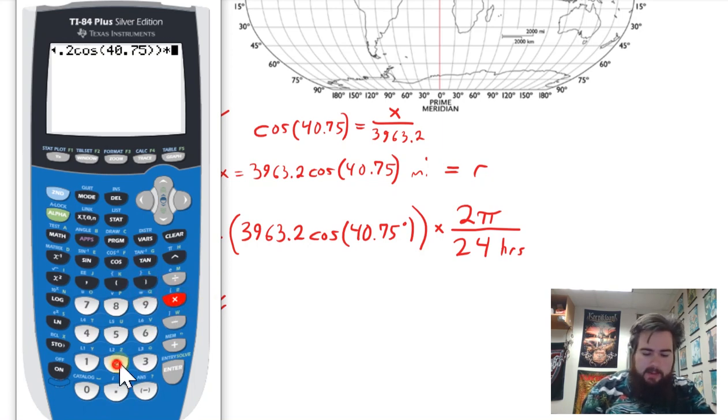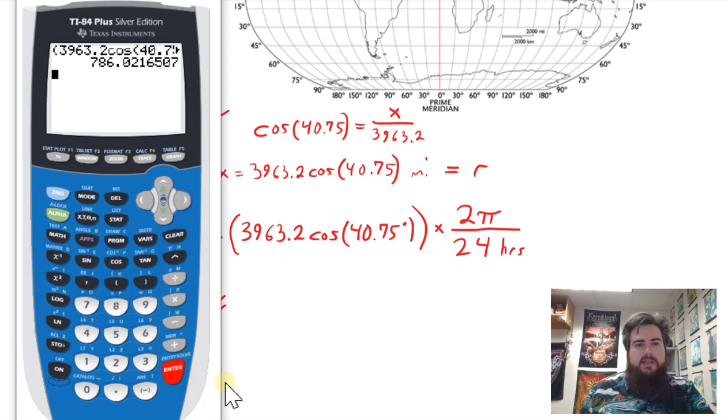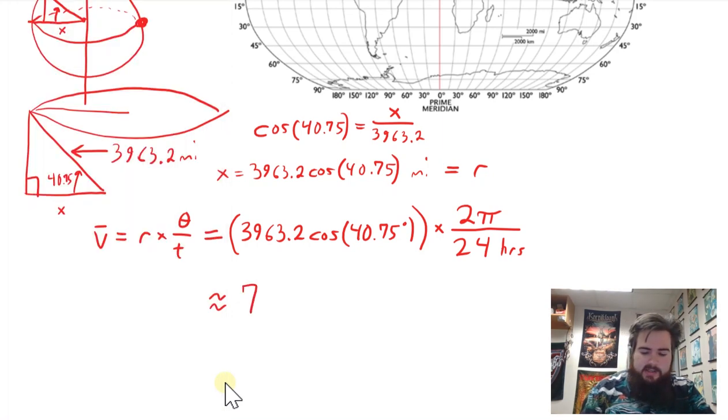I will multiply that by 2 pi. Do not worry about the mode messing that up, because 2 pi is not within a trig function. Divided by 24 hours. That gives me, rounded to the nearest whole number, 786 miles per hour.